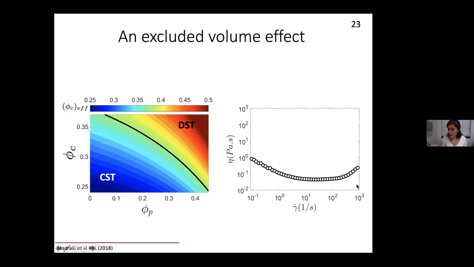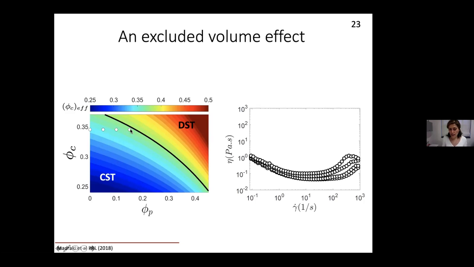There is a very slight rise in viscosity, so we are in the continuous shear thickening regime. Now we keep adding large particles, and as I keep adding them, the viscosity rises, but I'm still in the continuous shear thickening regime.